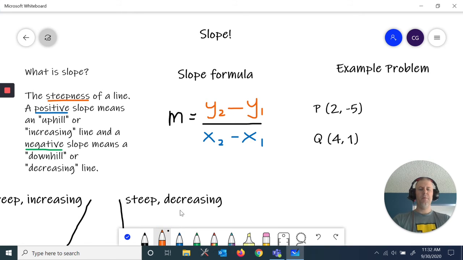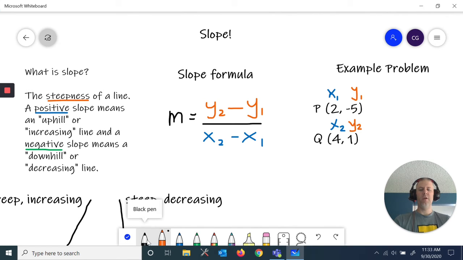So I'm going to label my x's and my y's. I'm using blue for my x's. I'm going to assign the point on top to be x1 and y1, and the point on the bottom I'll assign to be x sub 2 and y sub 2. Okay, so once we've labeled our points, that'll be step 1.